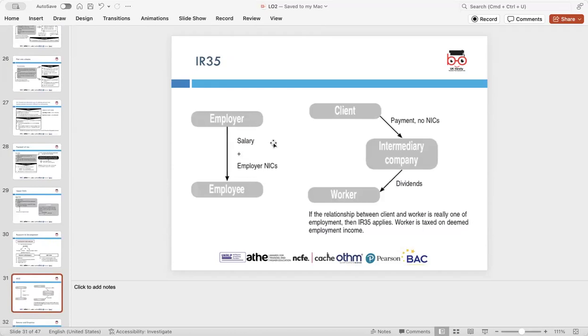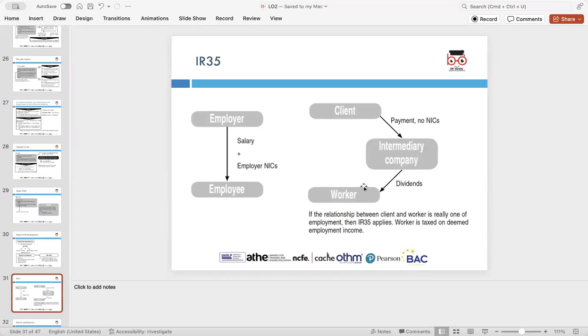IR35 is tax legislation that aims to determine whether a worker is genuinely self-employed or should be considered an employee for tax purposes. Here, employer salary plus employer's national insurance, client payment, no national insurance, intermediary companies, dividends, workers.